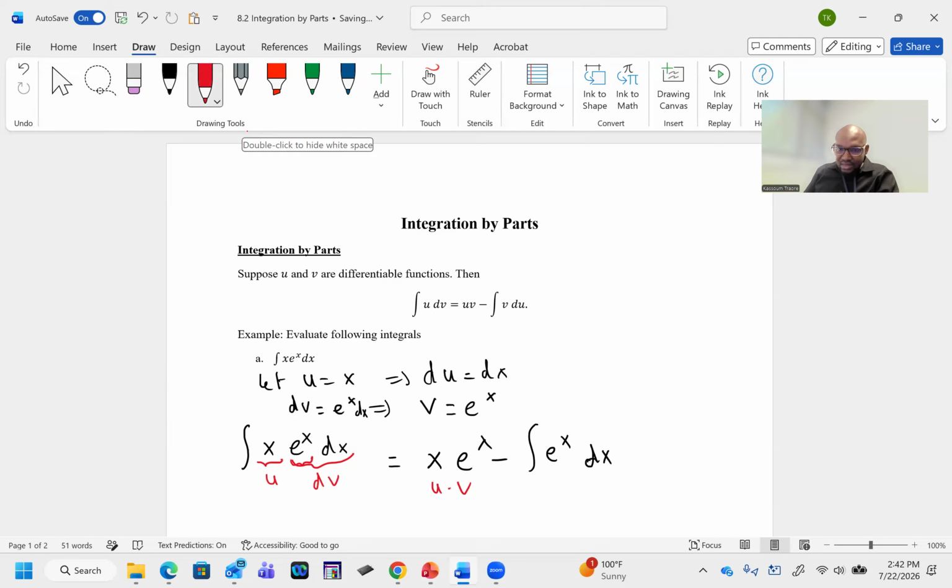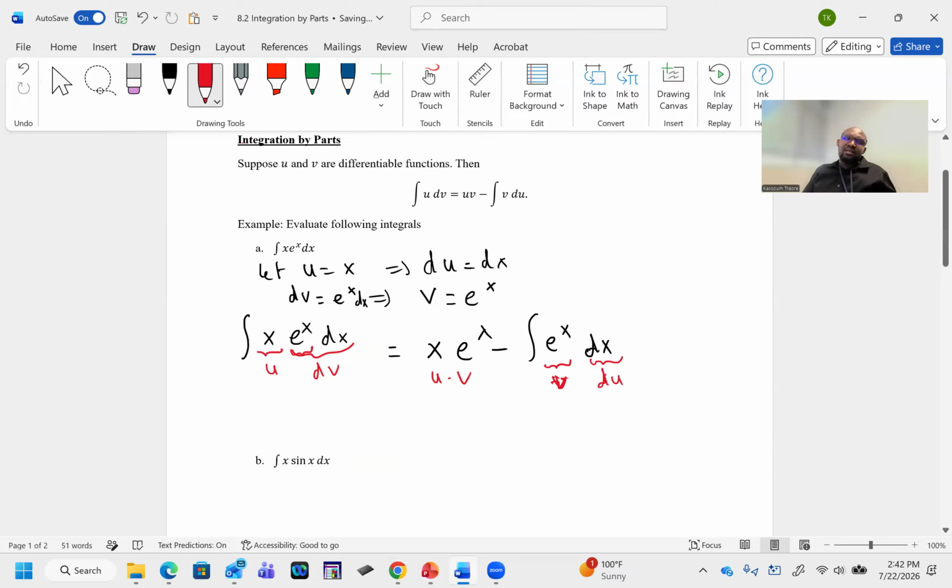So this is v and this is du. And then, of course, I can easily find the antiderivative of this one, right? Which will be what? So my final answer will be x e to the power of x minus e to the power of x plus c, because the antiderivative of e to the power of x is e to the power of x, and I'm done. This will be my final answer.